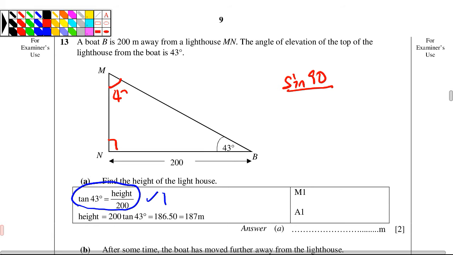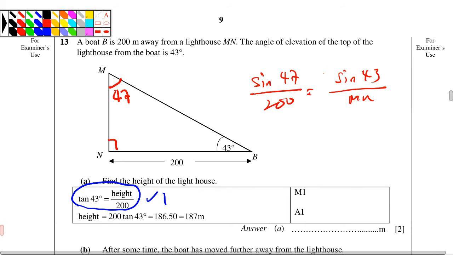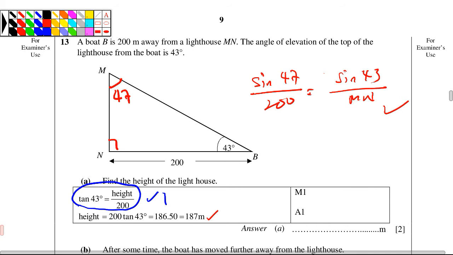Okay, chill. Those of you who wrote sine 47 over 200 equals sine 43 over MN, if you write the other way around, it's better. This is 1 mark. Answer is 1 mark.